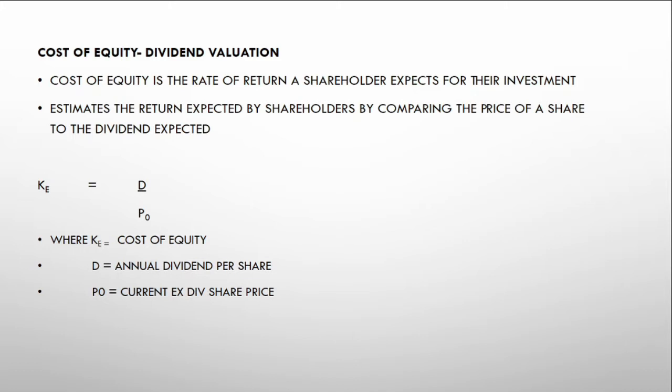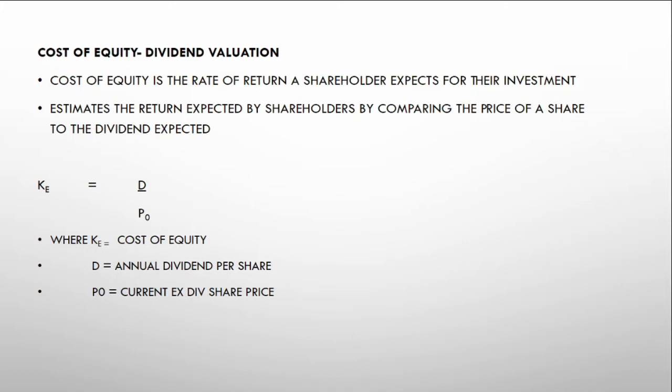Also, if we think about the returns that the company is going to pay to the shareholder, the company is going to pay dividends to the shareholder. So if we look at our formula here, we can see that the cost of equity is going to be calculated by comparing the dividend. This is the return that the shareholder will receive from the company. So the shareholder will be interested in the return that the company is going to pay them. So shareholders are going to buy a share and they are going to pay the market price of that share.